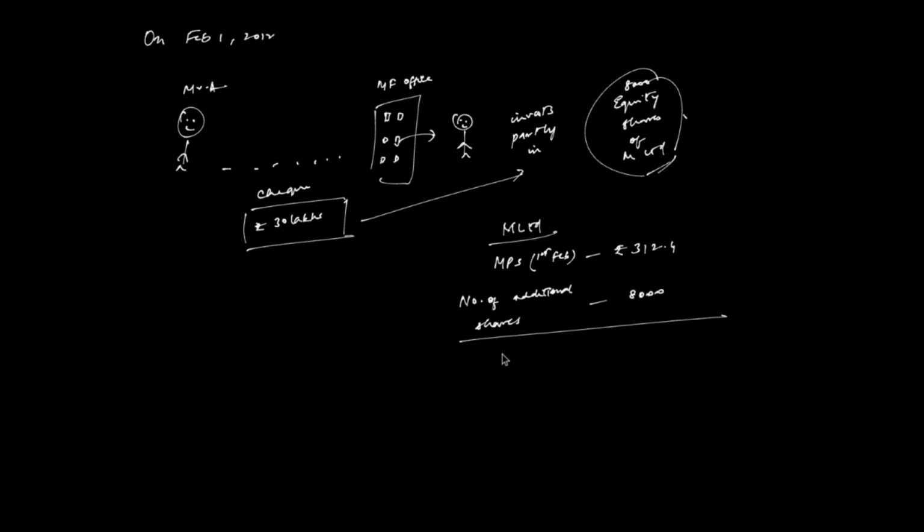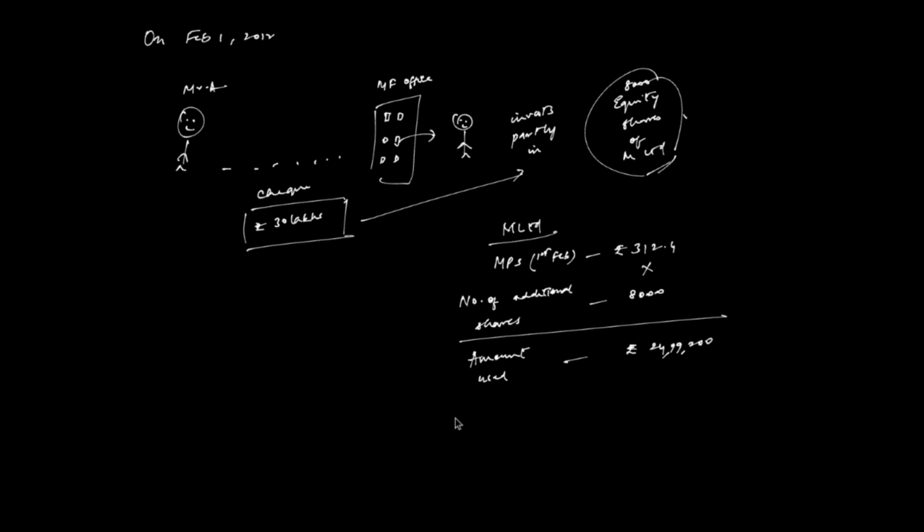So amount used from this check is rupees 312.4 into 8,000. That is 312.4 into 8,000. We get 2499,200 rupees. Okay. 24 lakh 99,200.